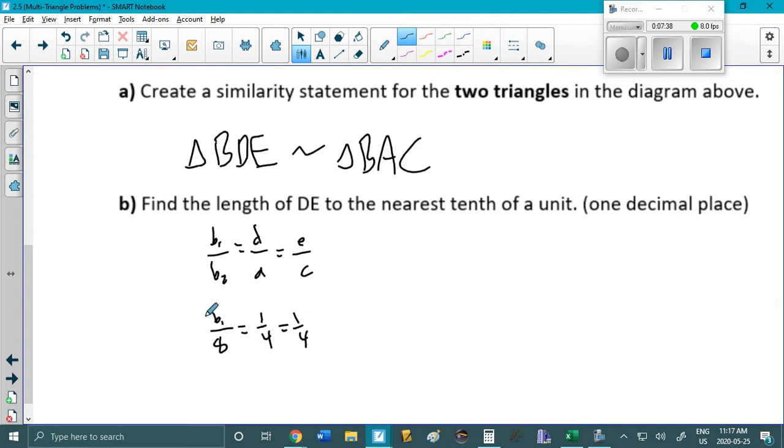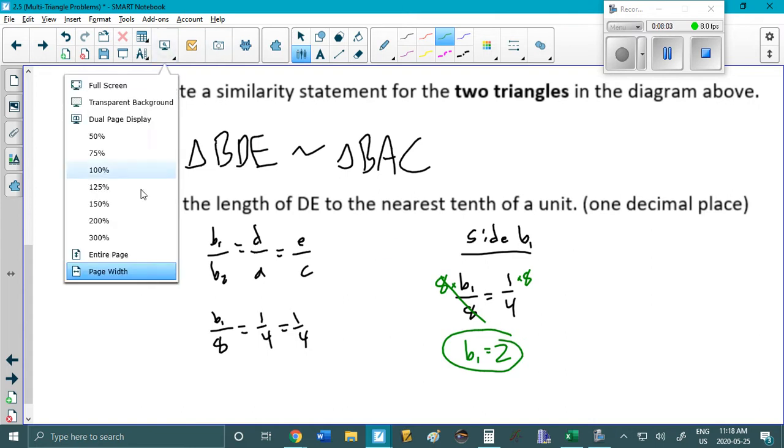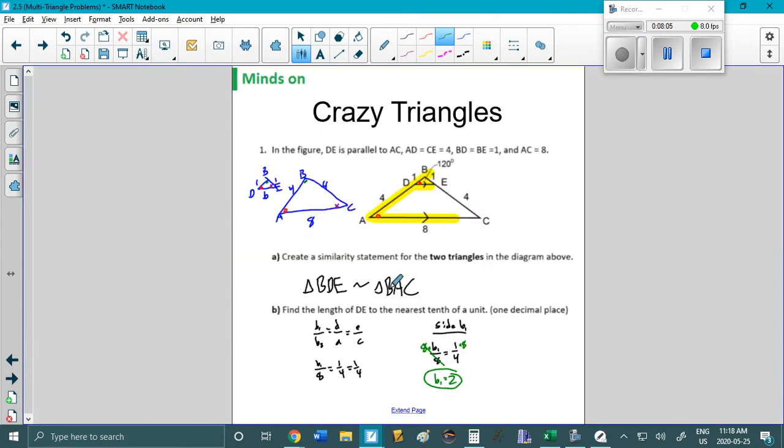We don't need both of these, obviously, so now to solve for side B1, we would do B1 over 8 is 1 over 4. We multiply by 8 on both sides, and we get B1 equals 1 times 8 divided by 4. 1 times 8 is 8, divided by 4 is 2, but we already sort of figured that out a little bit easier. So there you go. And sorry, they asked for side DE. That's this side, which is the same as little b.